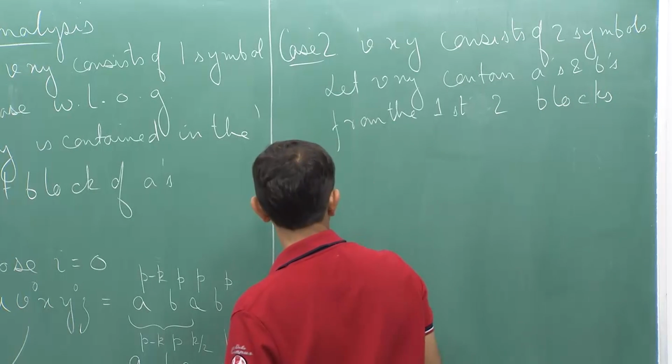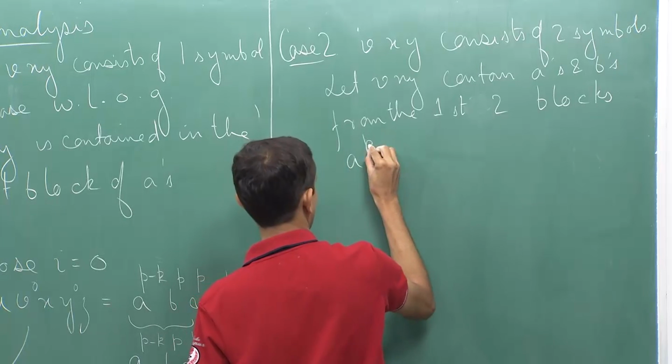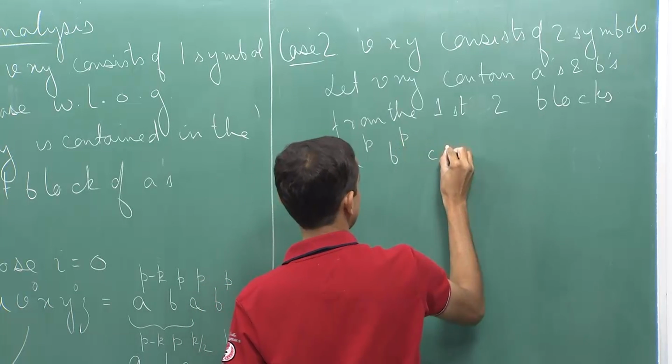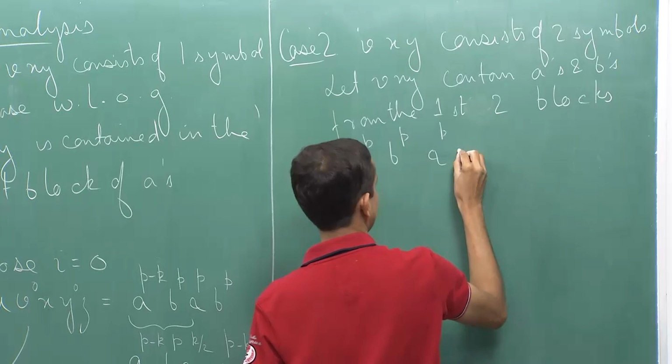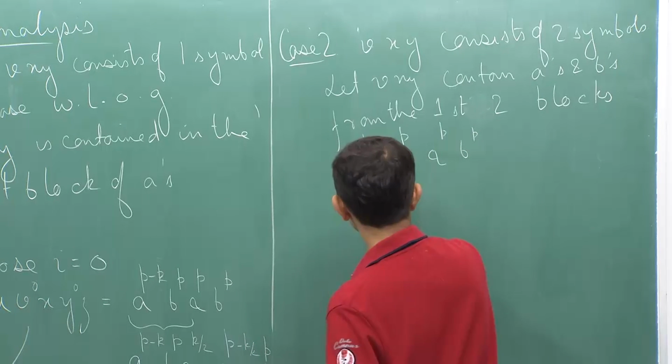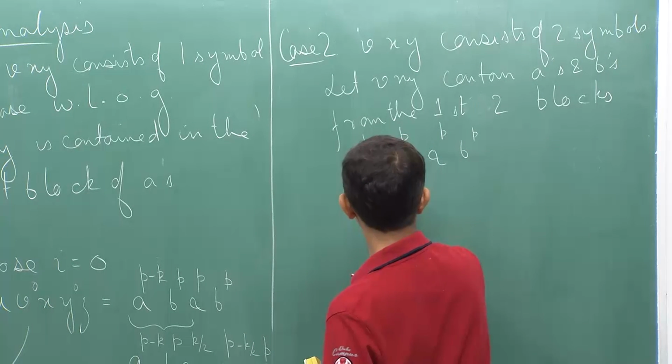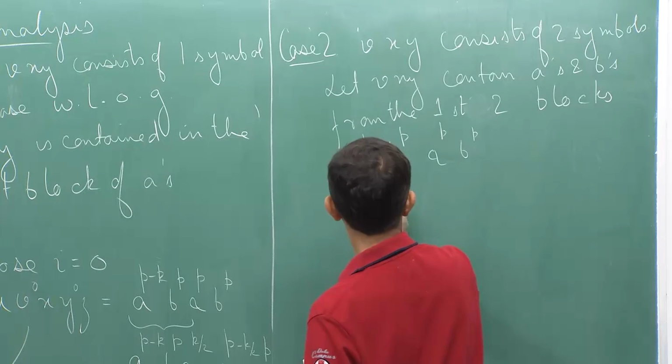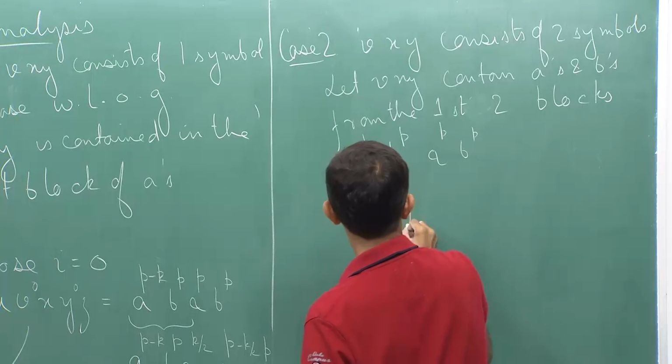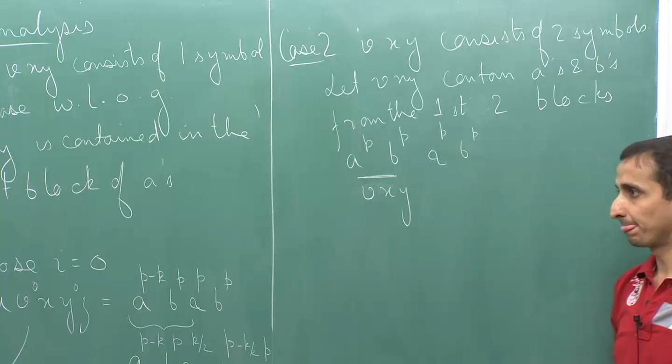Okay. So, basically I have a to the power p, b to the power p, a to the power p, and b to the power p. So, suppose Vxy kind of comes from this region. Okay.